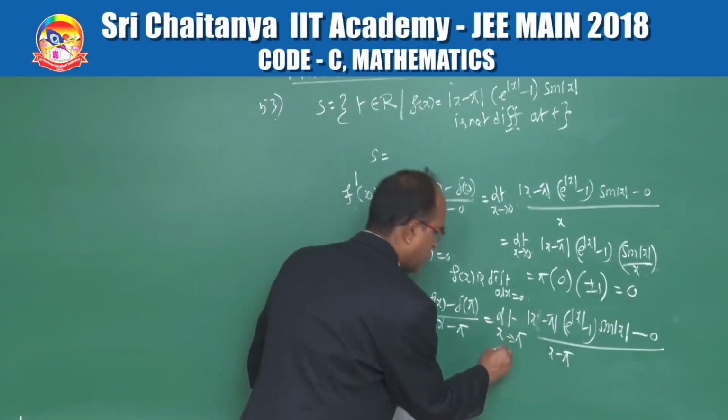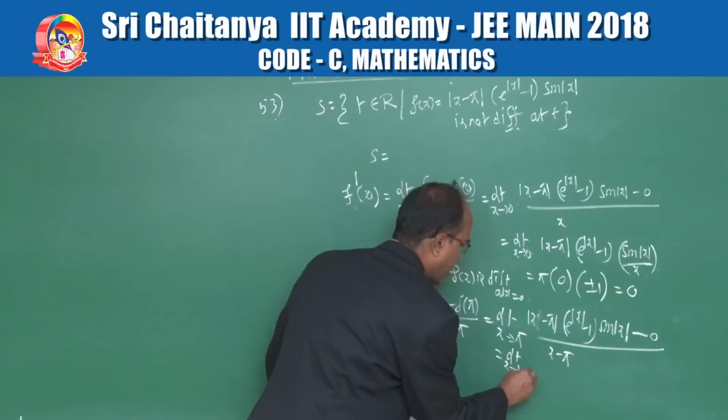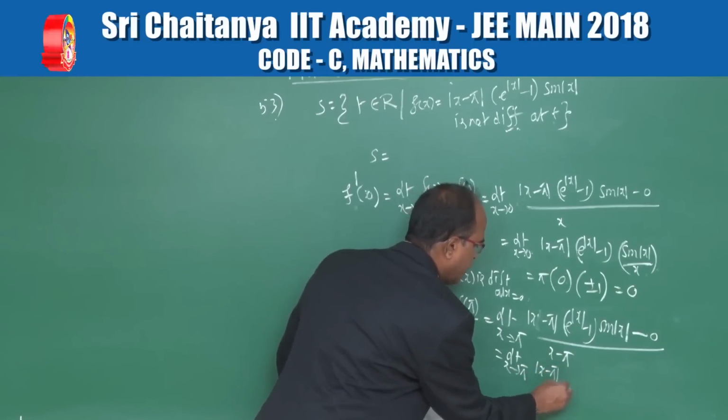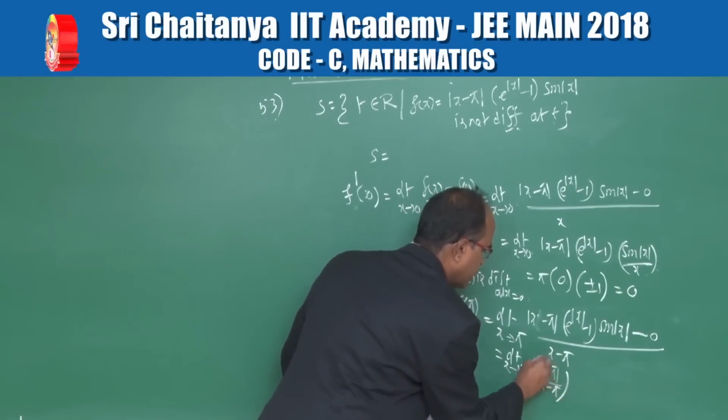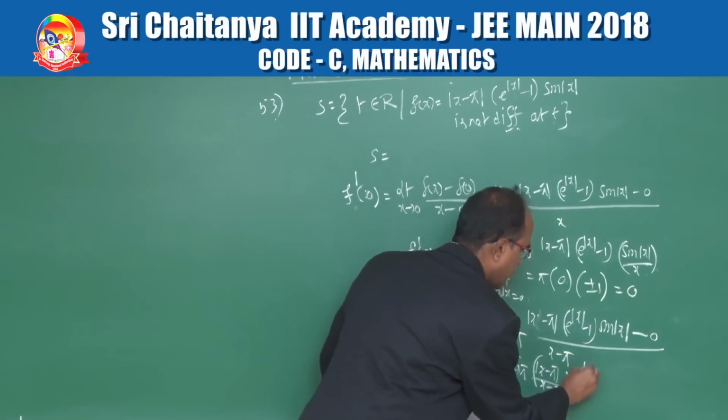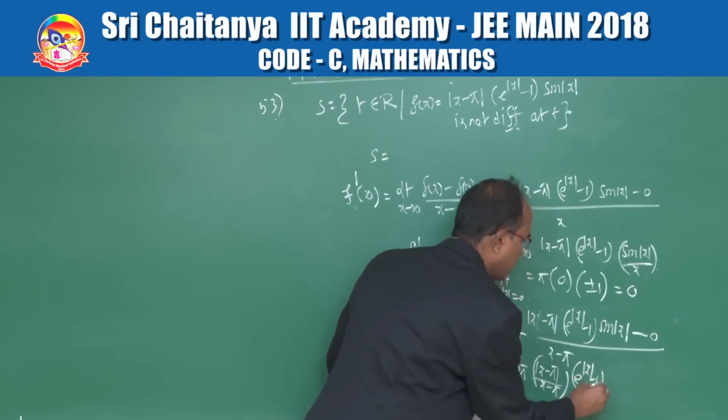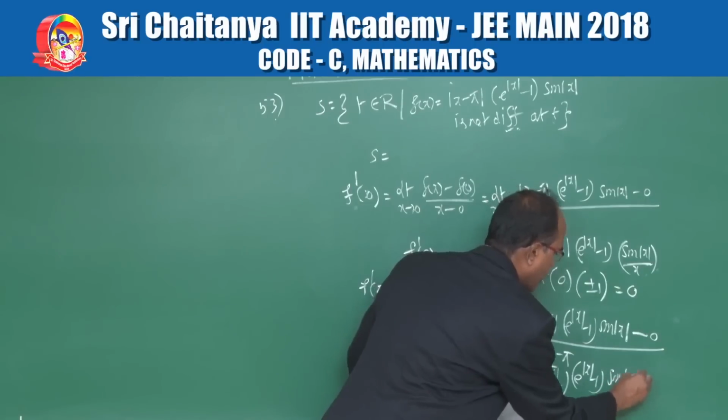This will be again the limit as x tends to pi of mod of (x minus pi) by (x minus pi) into e power mod x minus 1 into sine of mod x.